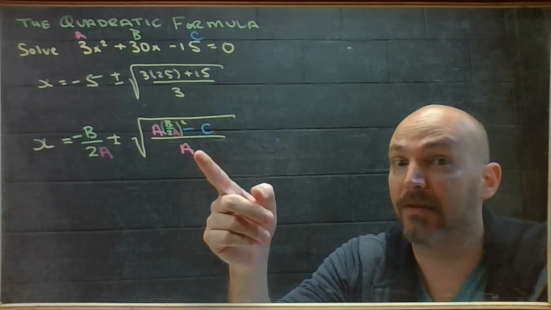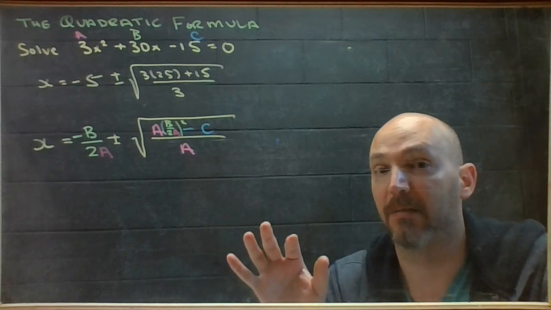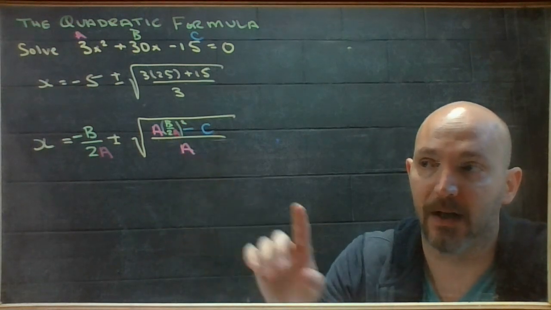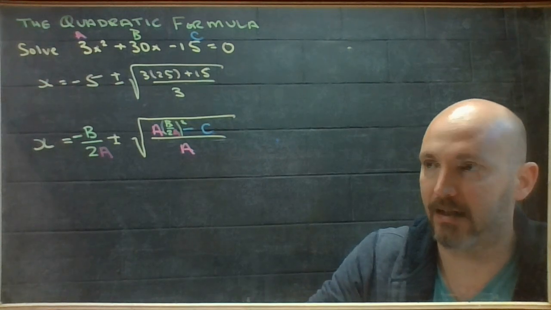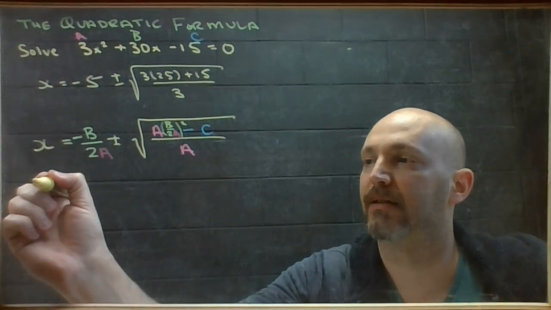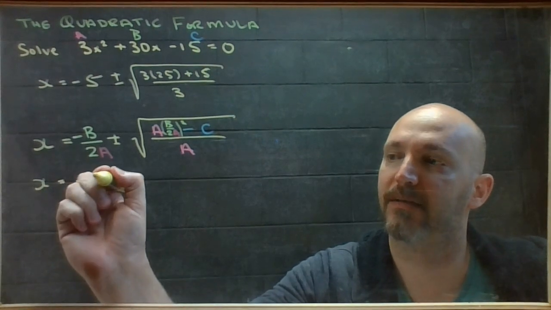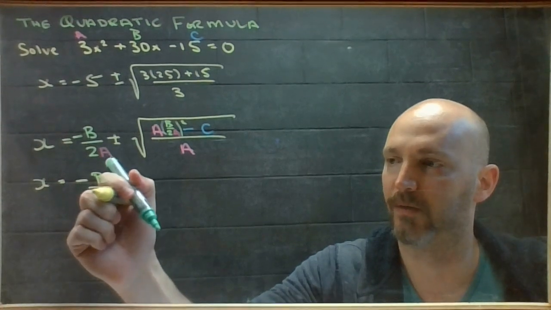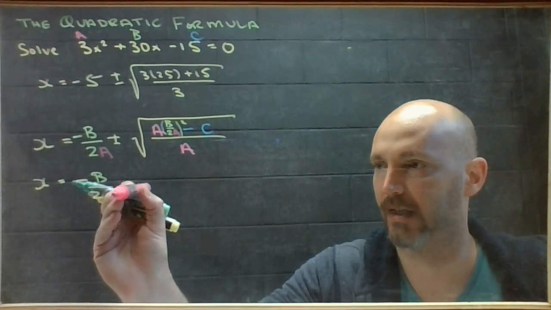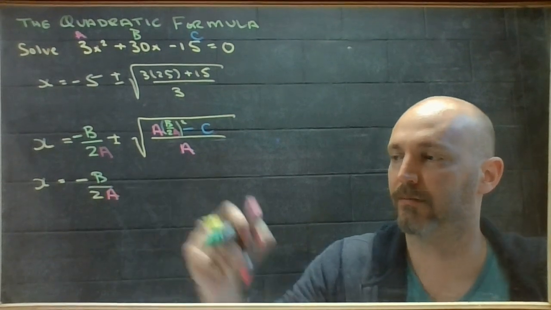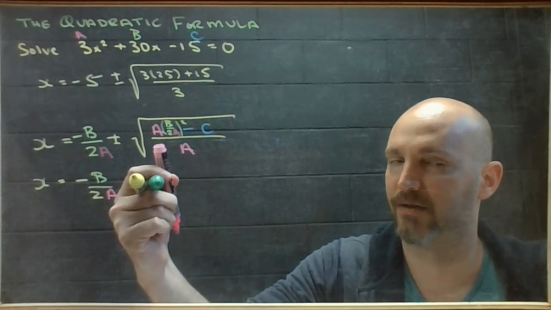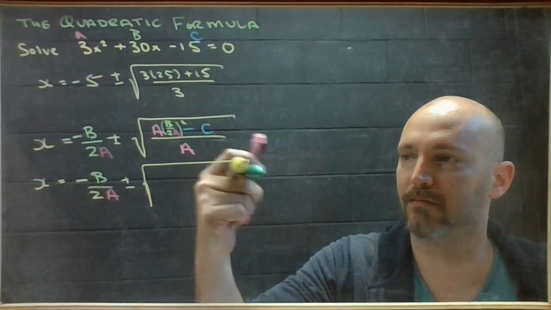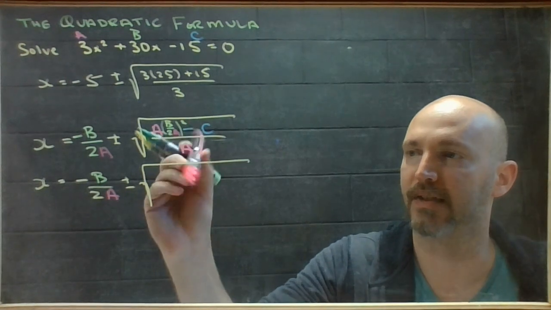This is a bit of a mess, so I'm going to try and clean it up a little bit. First off, I have a fraction here that's squared, so I'm going to clean that up. x equals minus b over 2a, plus or minus, have this a out front.